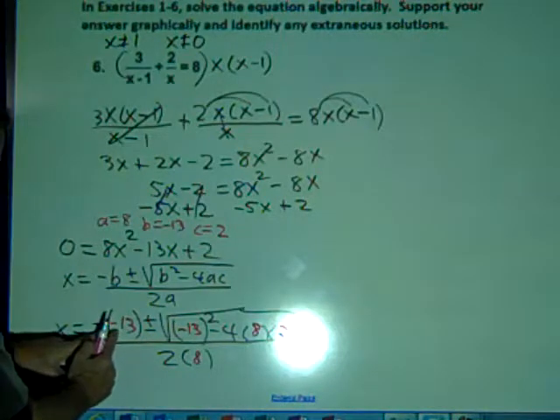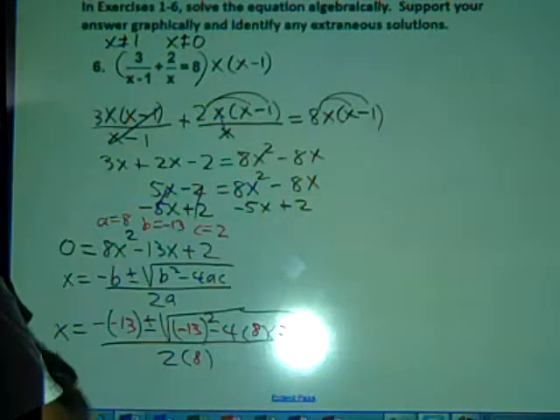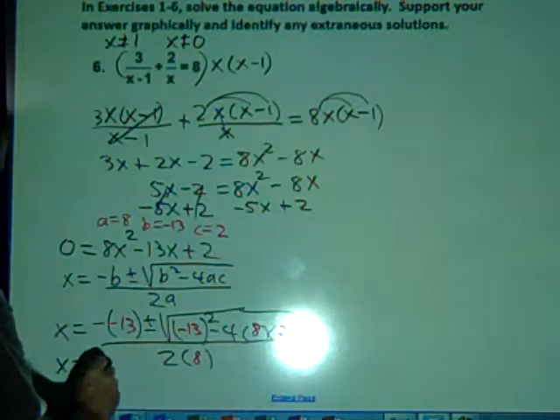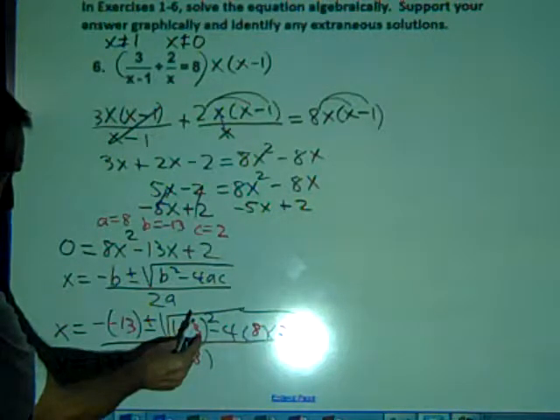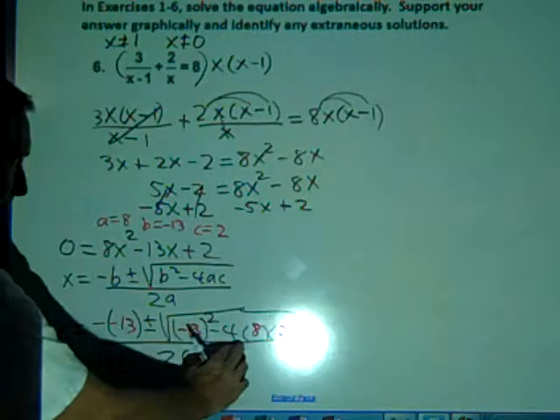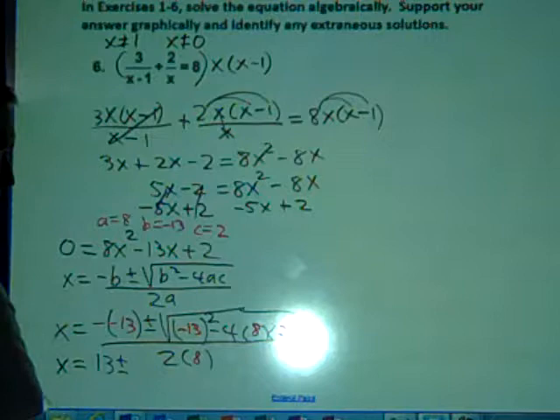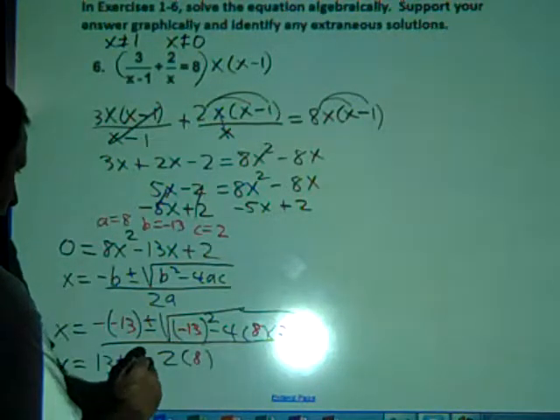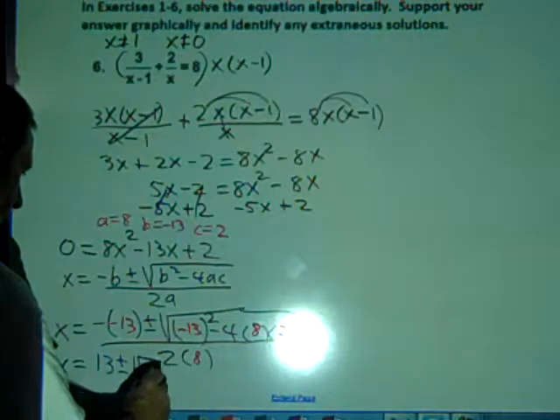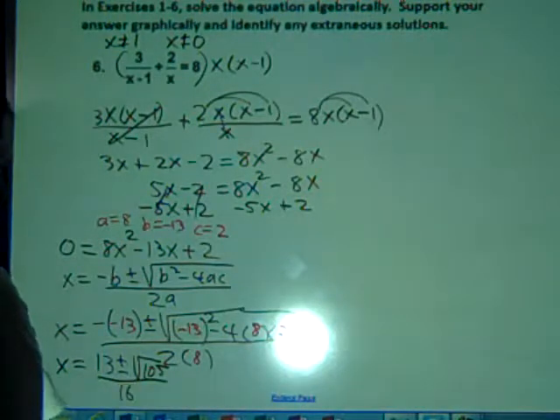So we have negative, negative, negative, that's going to be positive, so x equals 13 plus or minus the square root of, and negative 13 squared is going to be 169, and 4 times 8 times 2 is 64, so we have 169 minus 64, plus or minus square root of 105, and divide that by 2 times 8, which is 16.